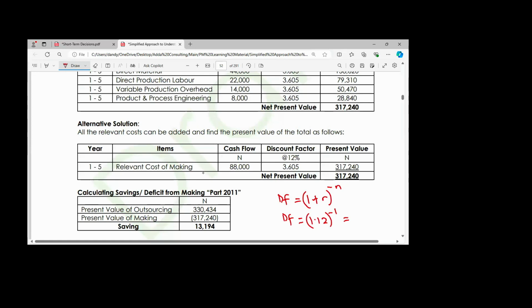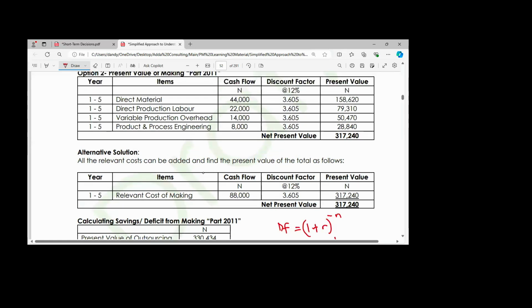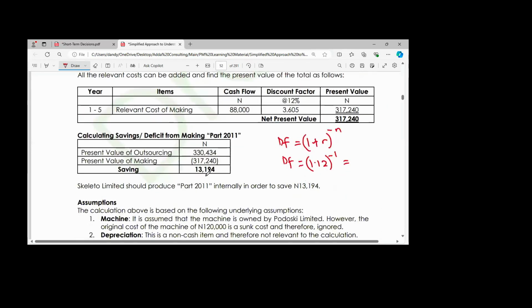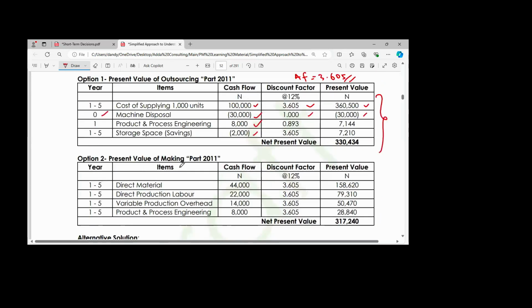That is what gave us 0.893. You can use your own calculator to confirm the numbers. Then you multiply 0.893 with 8,000, and that's how we got 7,144.